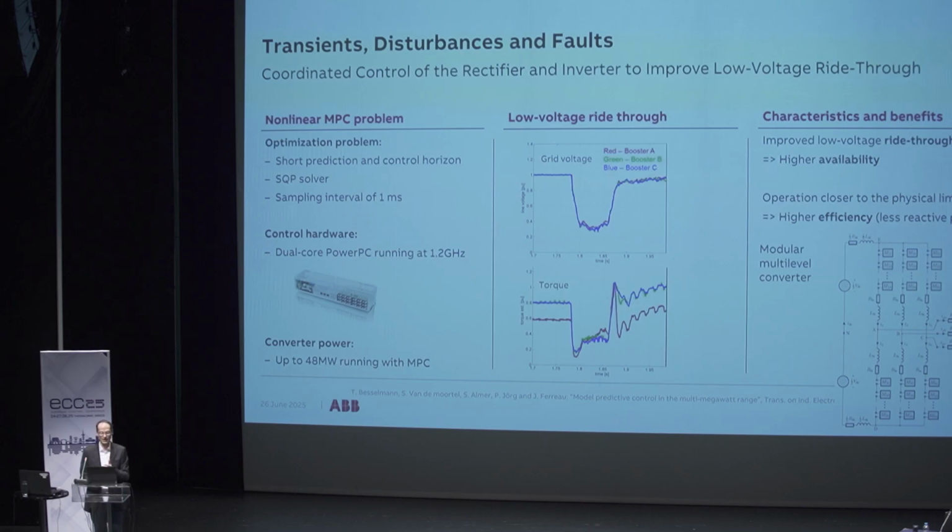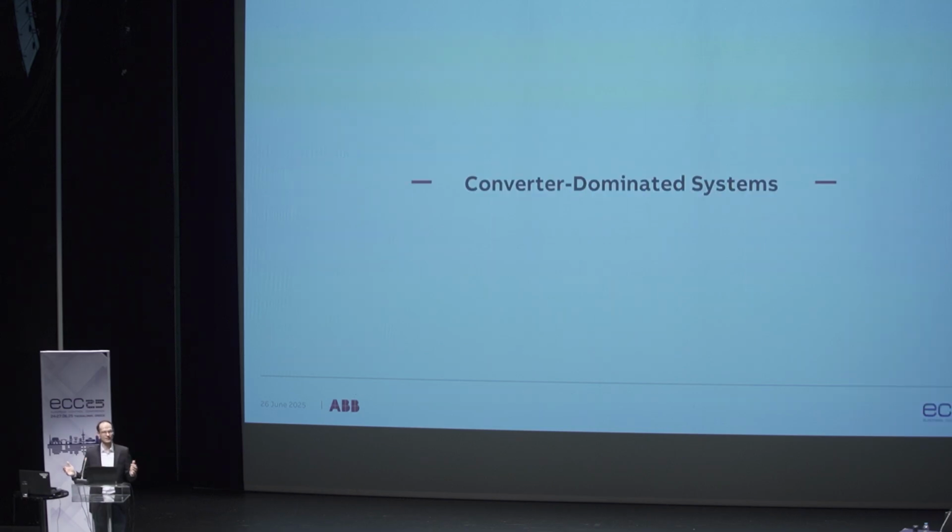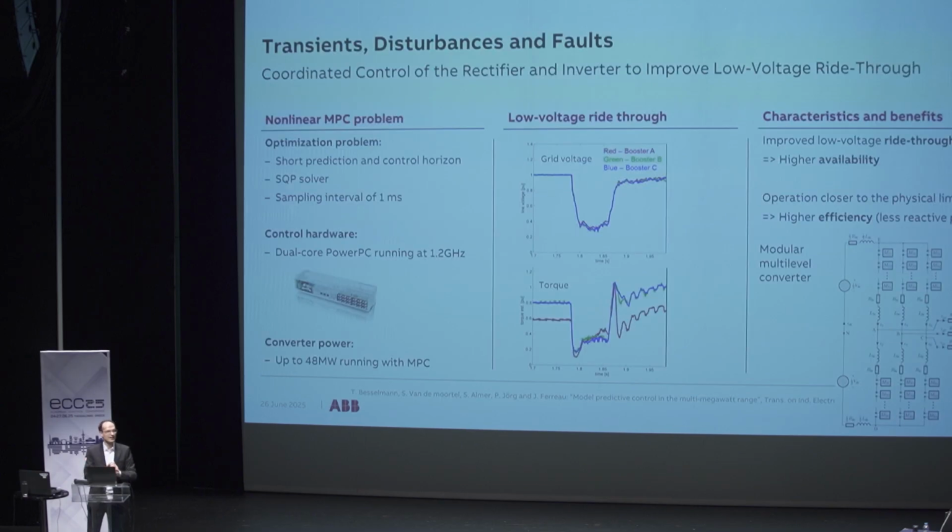You need to control the currents, you need to control the individual voltages, you need to make sure you stay within the safe operating area. You have very fast transients, you have faults, and you have a humongous system that can easily cost 200–300 million. So doing sophisticated control is certainly worth it, even if you just improve it by fractions of a percentage point.